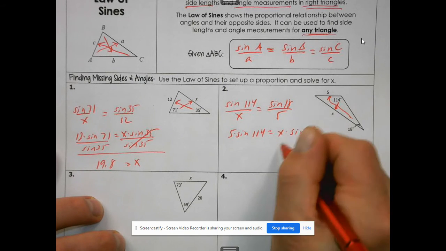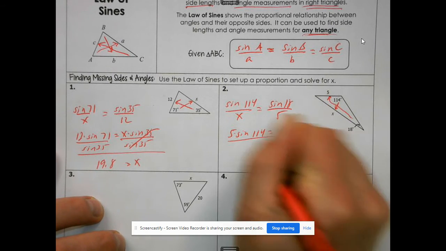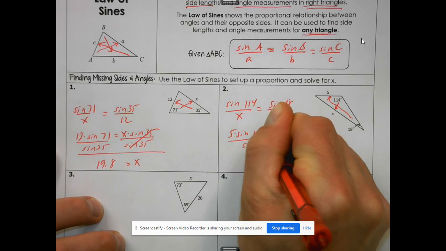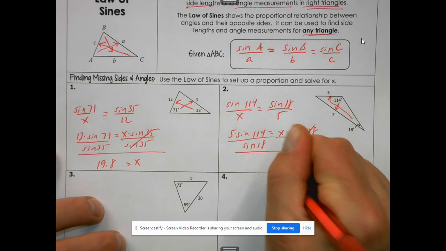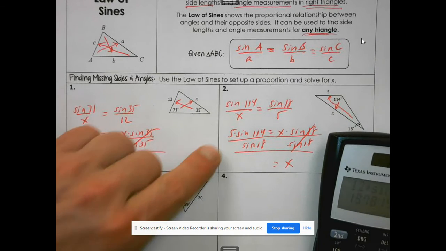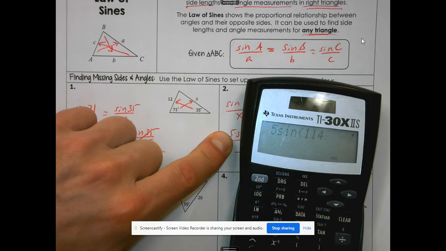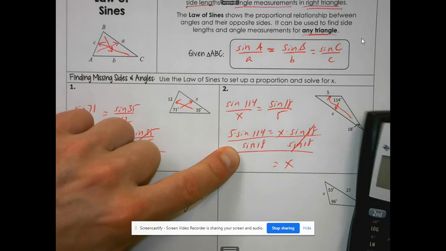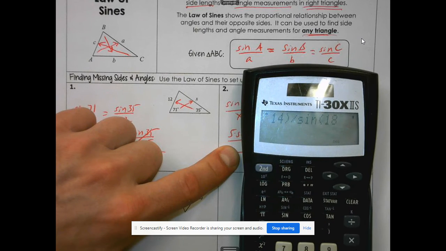Divide both sides by sine 18. This will be the last problem where I show all my work because this step is the same for all of these. Cancel out on the right. One more time, here's how to type it in: 5 times sine 114, close it up, divided by sine 18. Answer is 14.8 rounded.